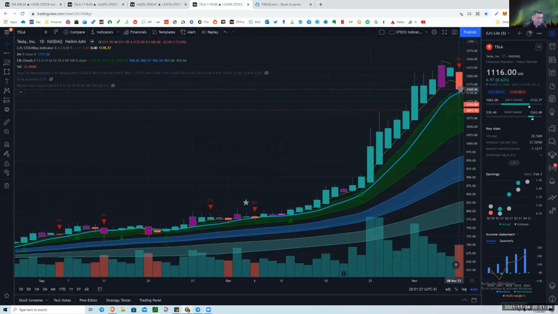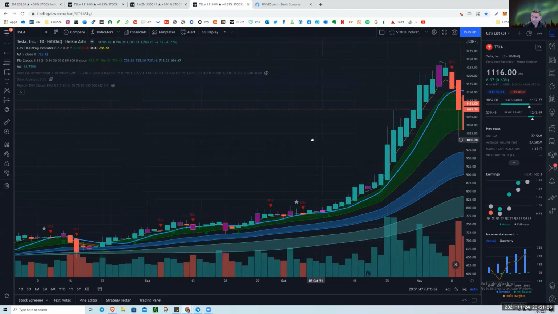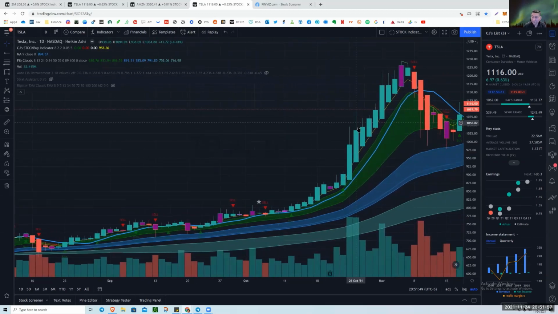This is where you want to lock in your profit. You started from 880, 899, okay, 900, and you're locking it at 1160, as opposed to selling it here, here, here, anywhere in between. Looks good? Questions? Awesome. That's pretty good.